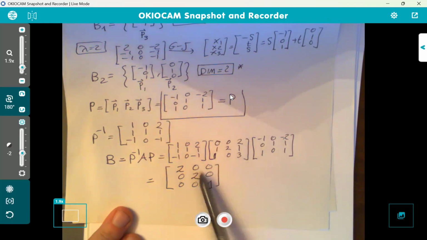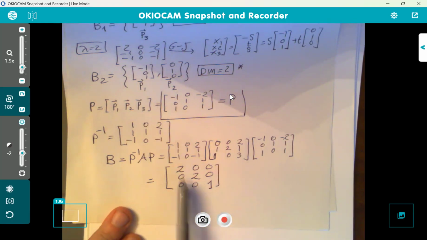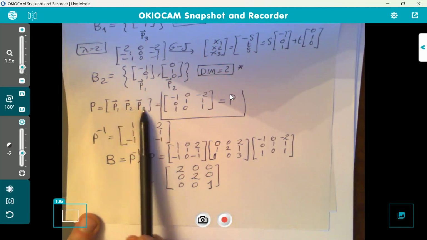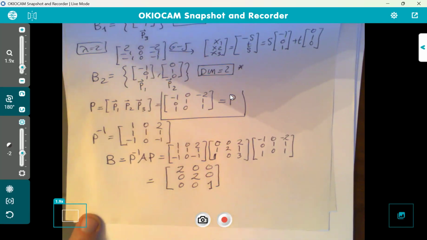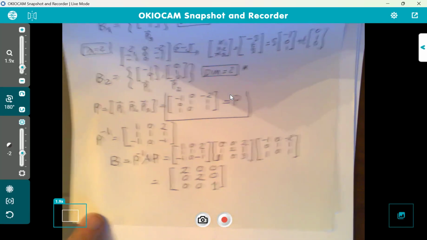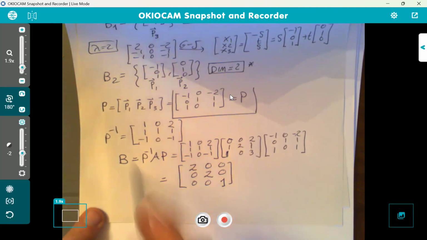Now, the way I wrote it was P1, P2, P3. So the elements 2, 2, 1 here could take on a different order. I could have 1, 2, 2 or 2, 1, 2 like that, depending on how you order P1, P2, P3. But order doesn't matter here. So we can order P1, P2, P3 in any order.